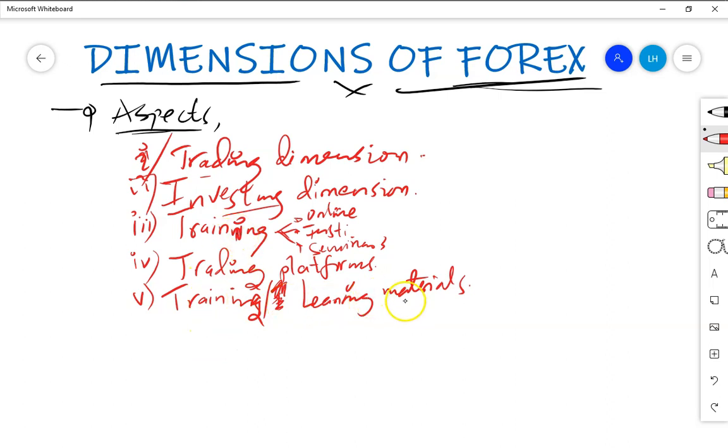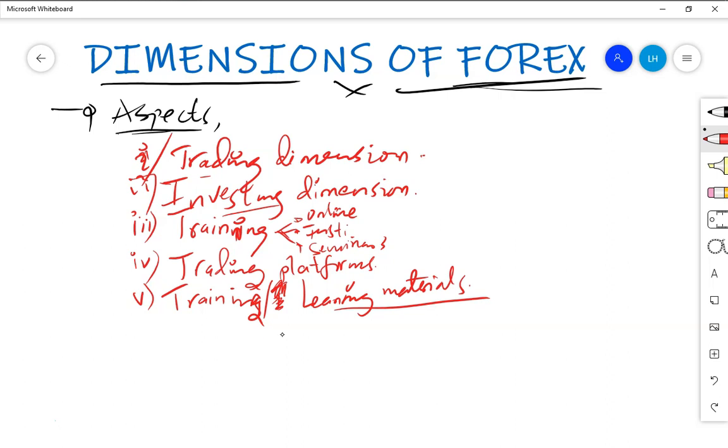Now, training and learning materials here, basically, I'm talking about those people who have invested in training materials. Maybe those training materials can be prepared by other people, but there are certain people who collect various training materials. Maybe if you need materials about candlesticks, you will find that a person has different materials concerning candlesticks.